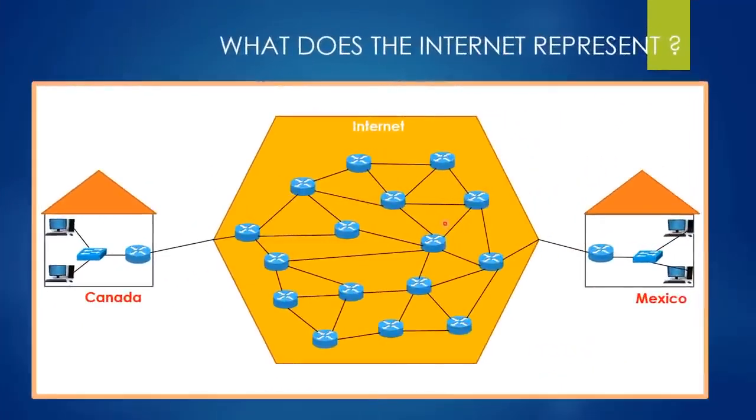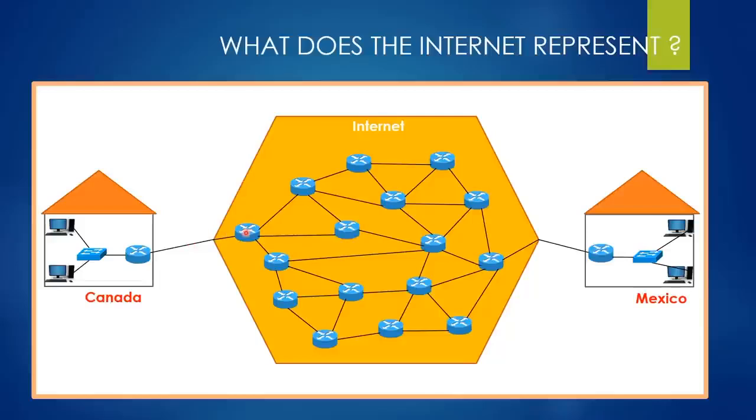As you can see, there are many routers on the internet, right? And there's a special reason for this. So at this moment, I would like to give you another piece of information about a router. A router is a device required for a computer or electronic device to connect to the internet. You know this definition.